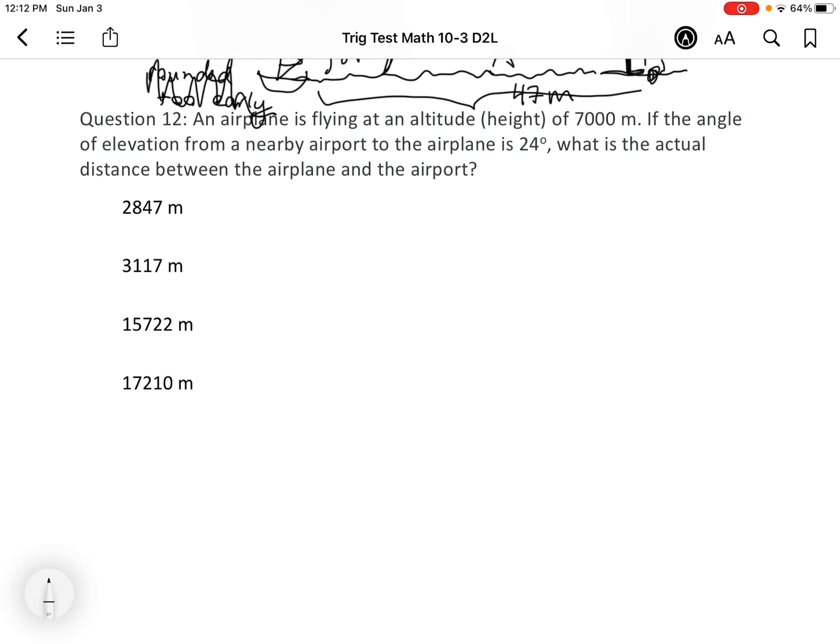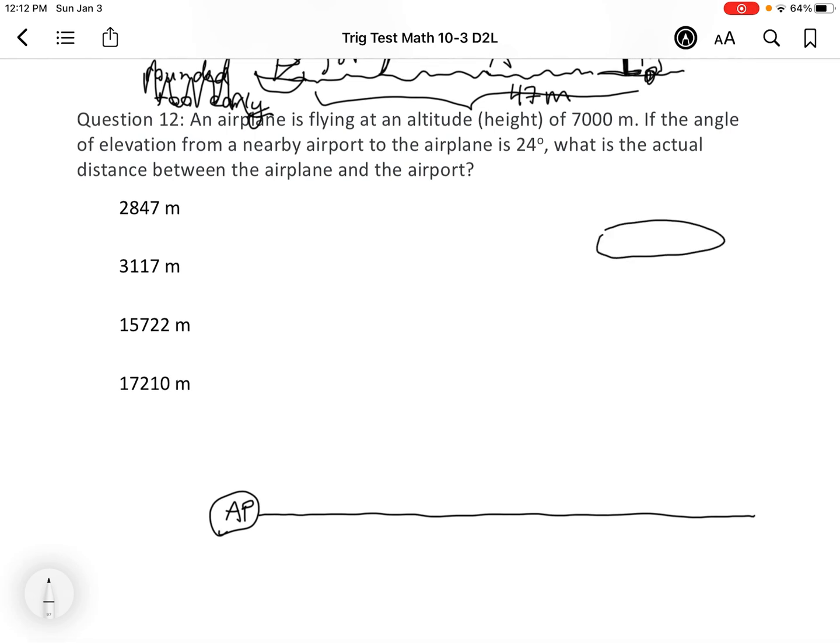Okay, again, drawing. So, firstly, the airport is on the ground. So here's the ground. The airplane is in the sky. There we go. Okay, what do we know?